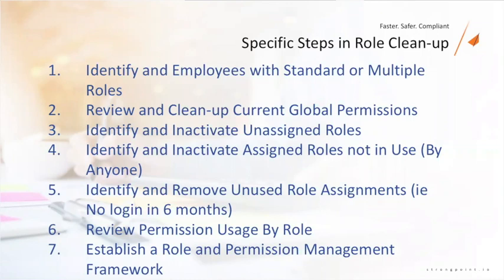The second thing is to look at global permissions, because global permissions can be assigned. I'll show you where they can be assigned, and we have workflow for assigning them and for taking them back, but global permissions should be used only for temporary changes to somebody's permission.